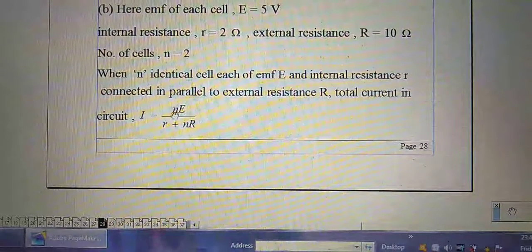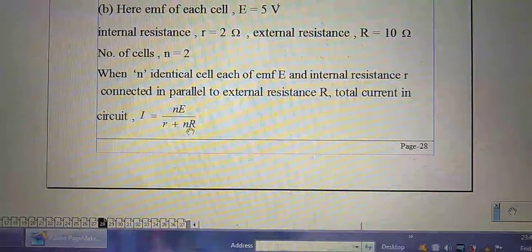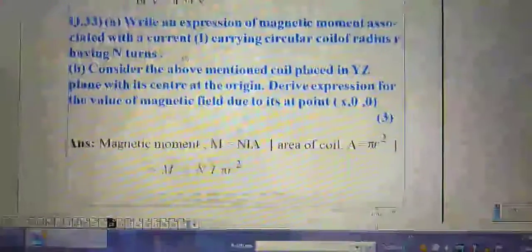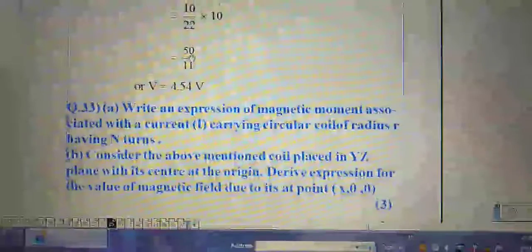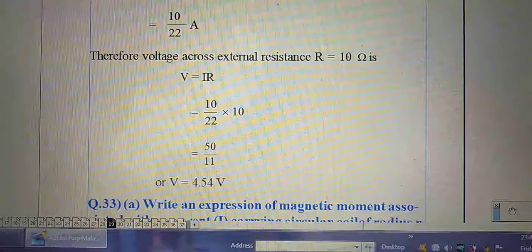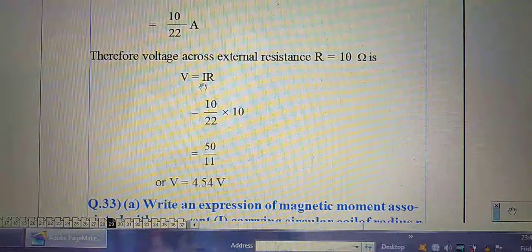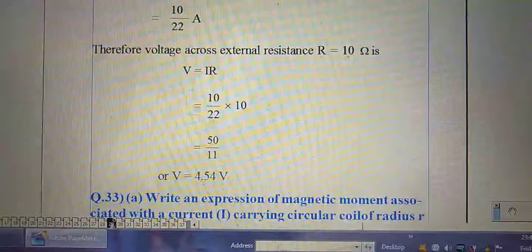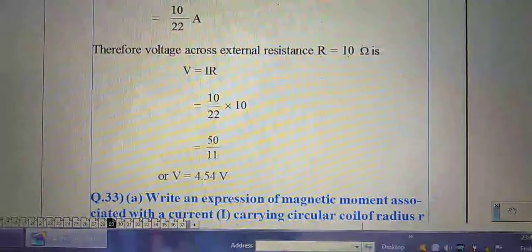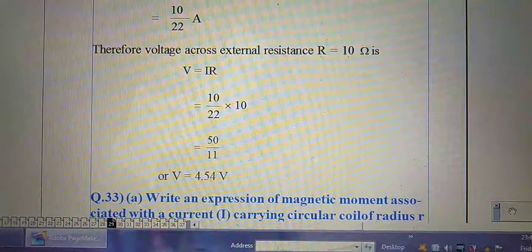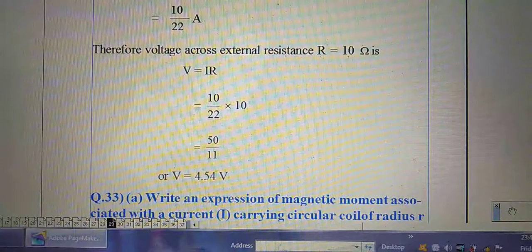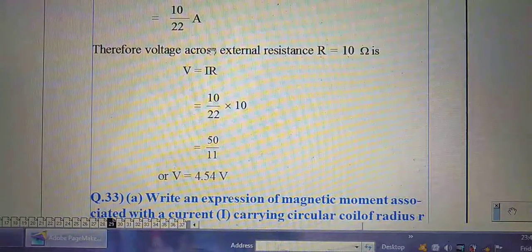Insert the values of n, E, small r, capital R. We get 2 into 5, because the value of n is 2, and the value of E is 5, internal resistance is 2, n equal to 2 and external resistance 10.